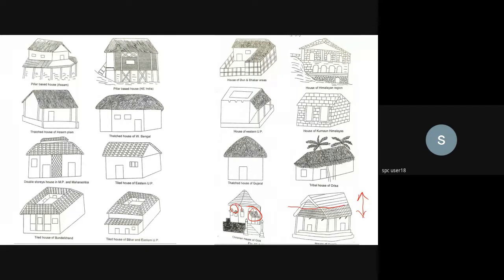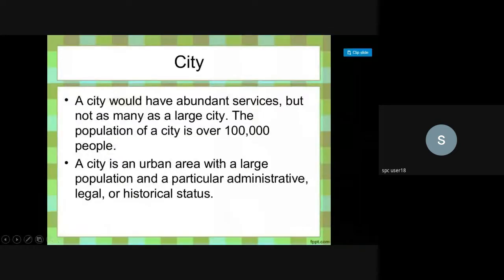You see that this is different here and this is different here, which obviously is not seen in Maharashtra as such. Once again, the heavy rains keep the top of these houses inclined as such. So that's about the type of houses in India.